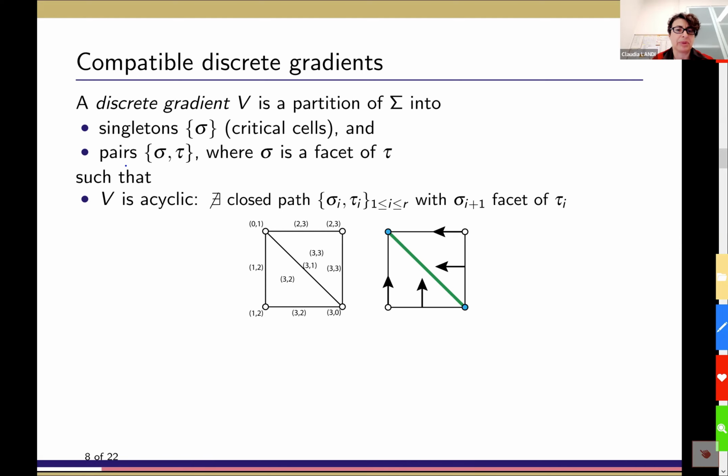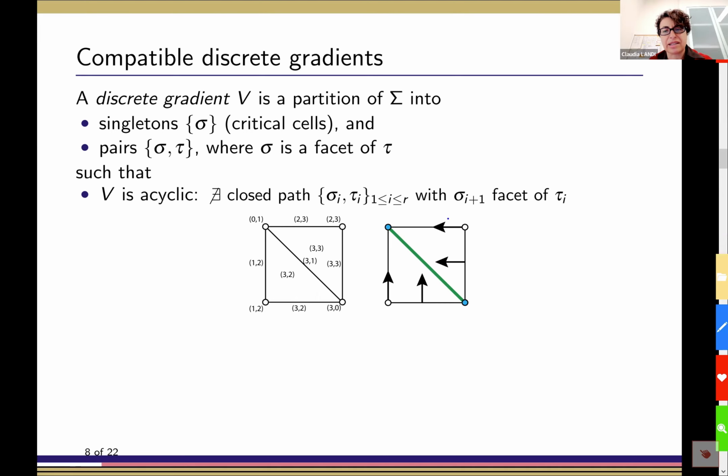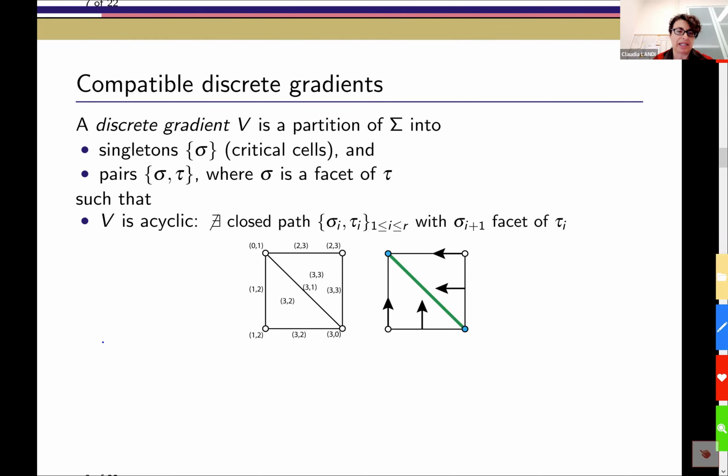So, for example, tau is a coface of dimension one more than sigma. In this case, the pair is represented by an arrow, and simplices from which an arrow neither starts nor ends are the critical simplices, the singletons.